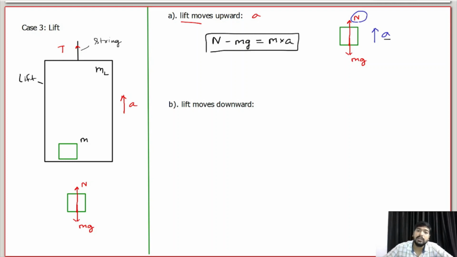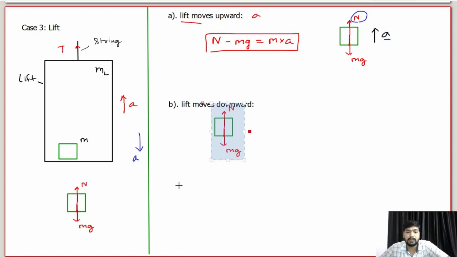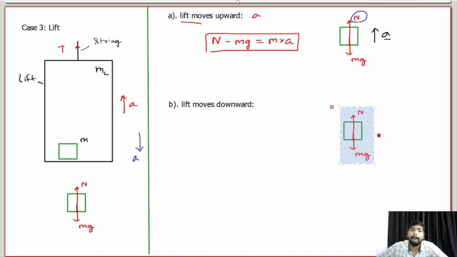And suppose this block was moving downward, then the case will be reversed, right or not?